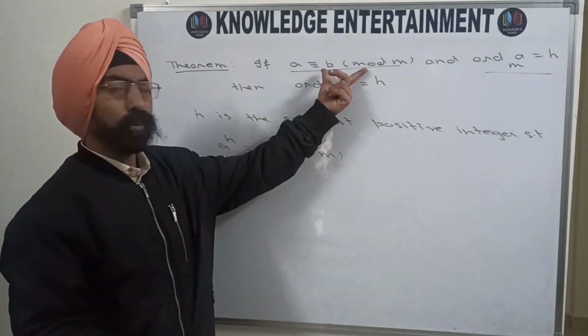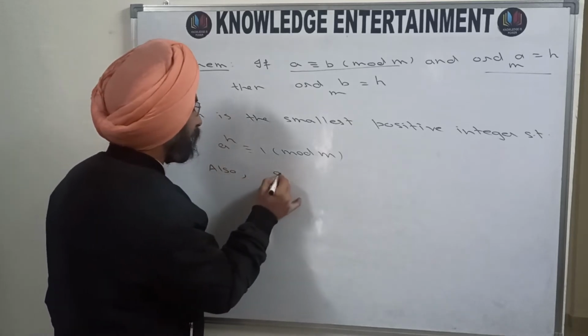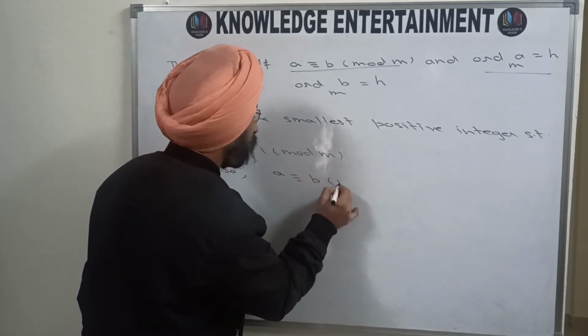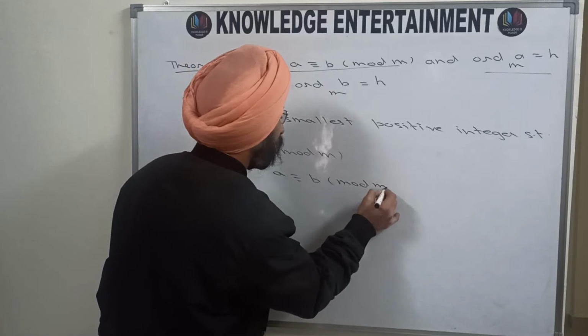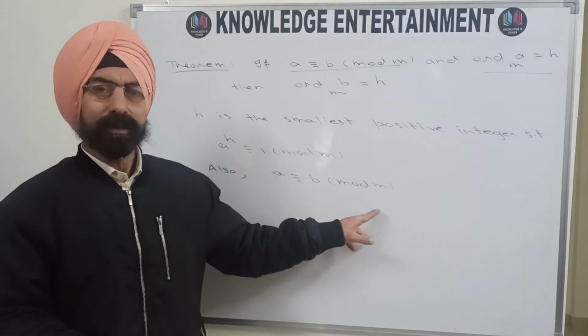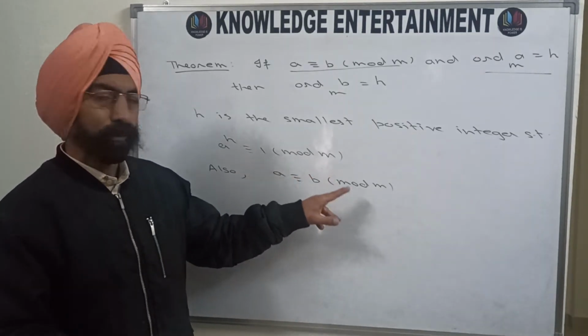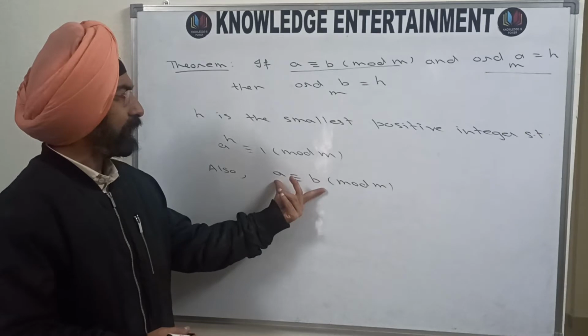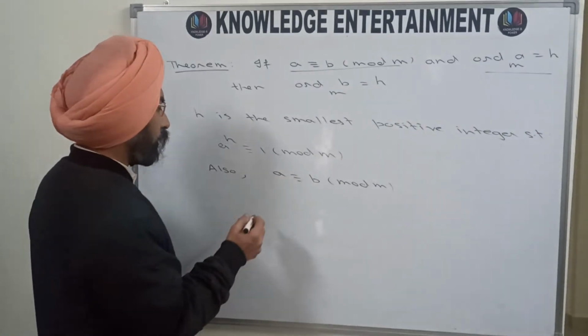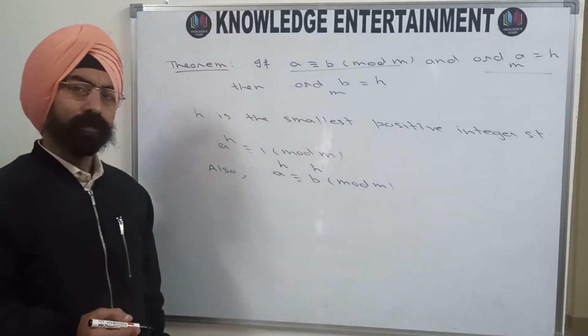Also, a is congruent to b modulo m. And we know that if a is congruent to b modulo m, then every power of a is congruent to the same power of b modulo m. So you raise both sides to the power h. So a power h is congruent to b power h modulo m.